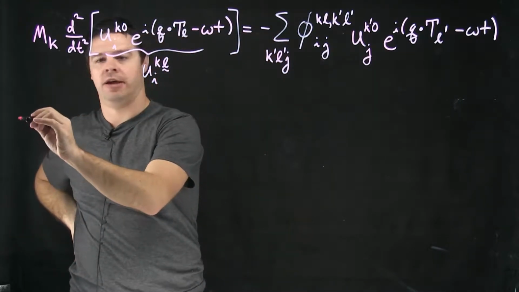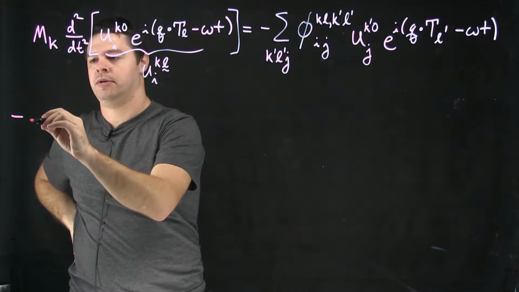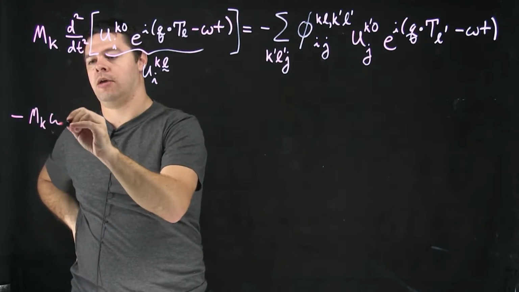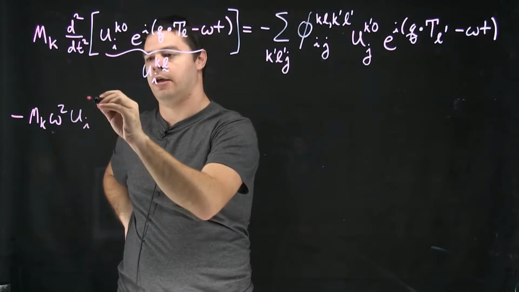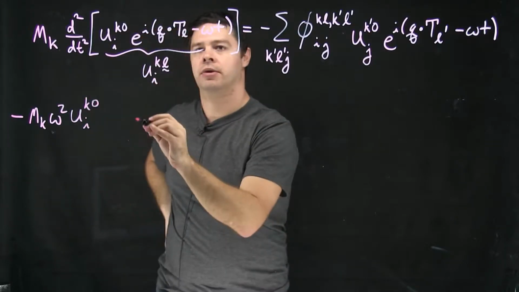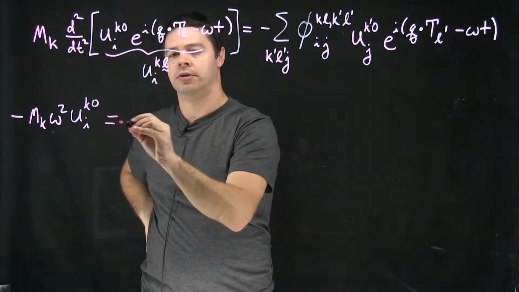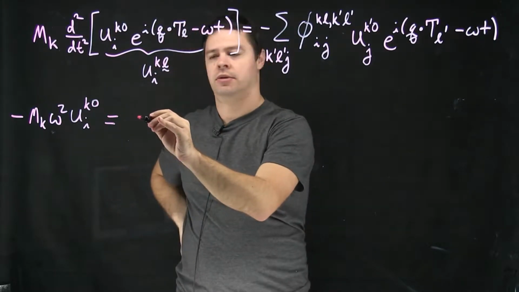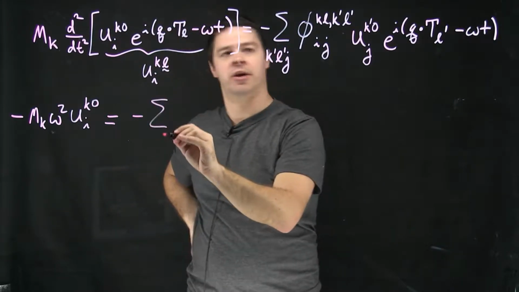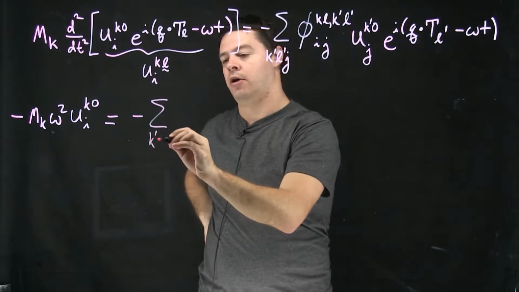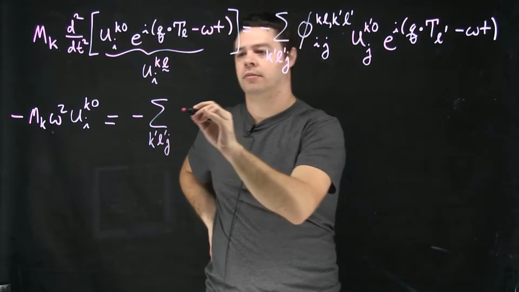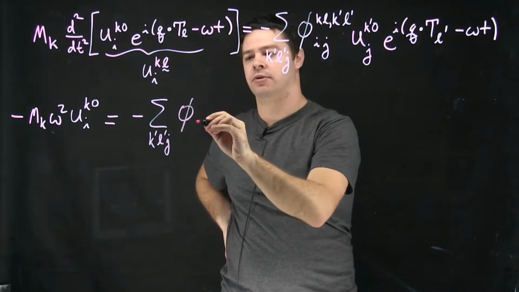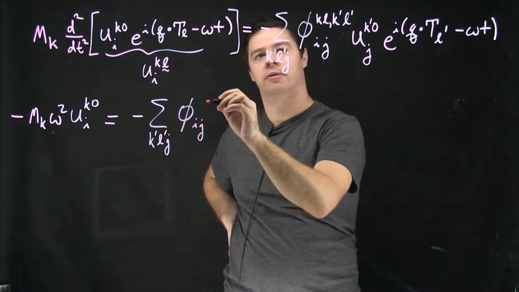So that is minus m_k omega squared times u_ik0 equals minus sign, summation over all of the other stuff. This just goes along for the ride for right now.